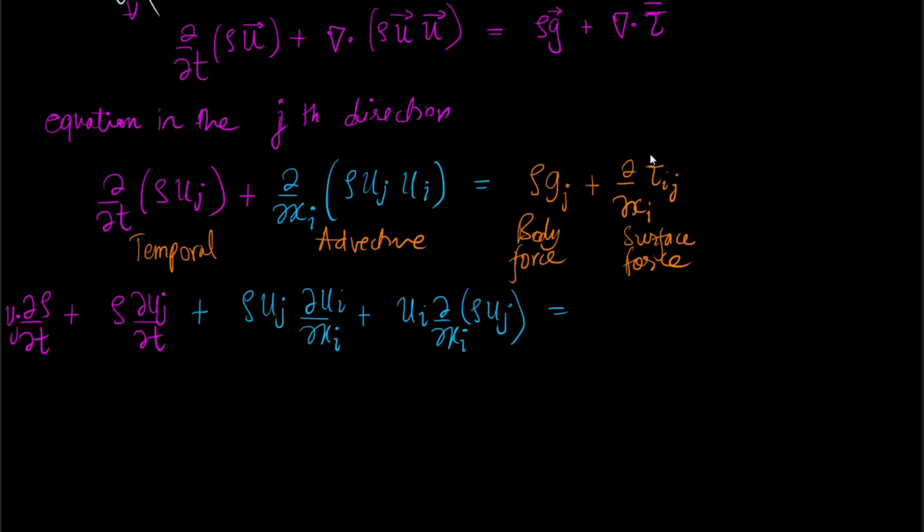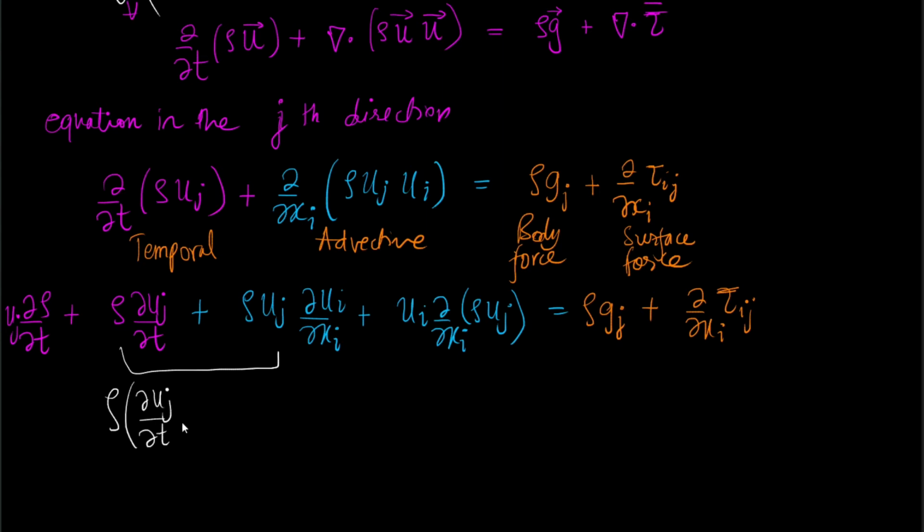This is equal to rho gj plus del xi of tau ij. These two terms are nothing but rho del uj del t plus uj.